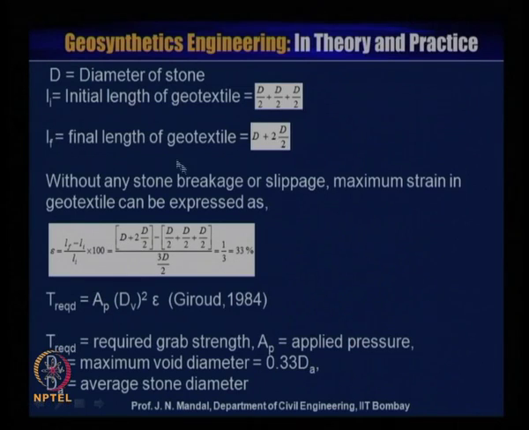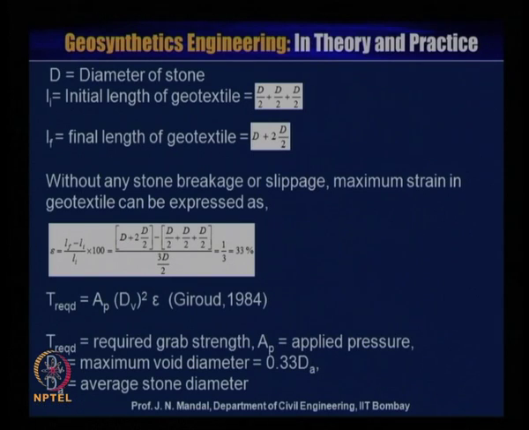We know that Lf is the final length, d plus 2 times d by 2, minus the initial length of the geotextile, d by 2 plus d by 2 plus d by 2, divided by the initial length, which is 3d by 2. If you calculate, epsilon is equal to 1/3, meaning about 33%.